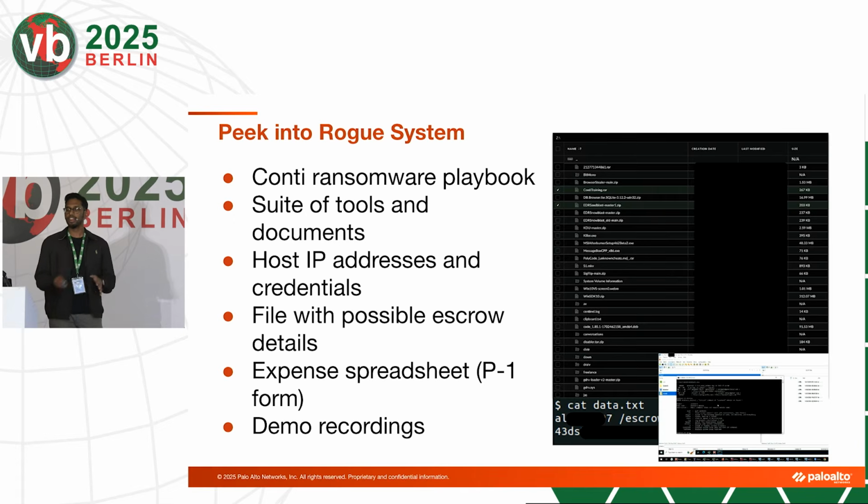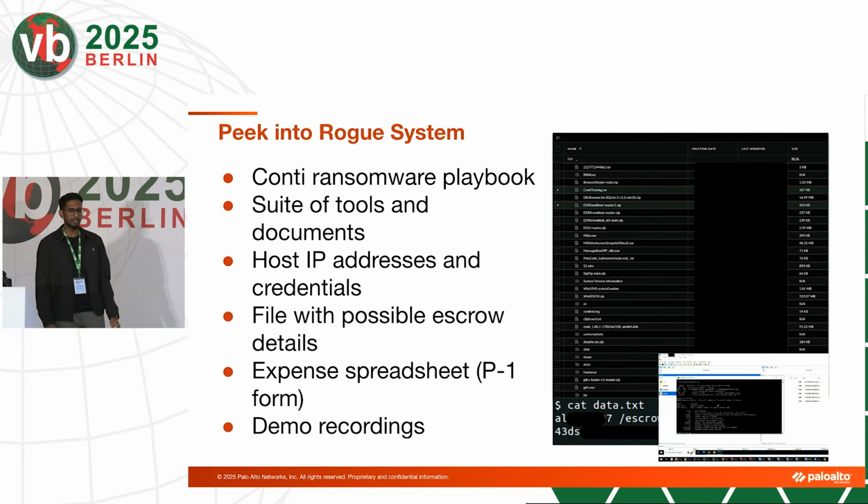And this file was created to download the Conti ransomware playbook, which some of you might know was leaked publicly that same year. We recovered a whole suite of tools and documents likely sourced from GitHub and other sources with purposes such as generating and executing shellcode, kernel driver utilities, code obfuscation, bypassing security protections, anti-cheat software, and many more.